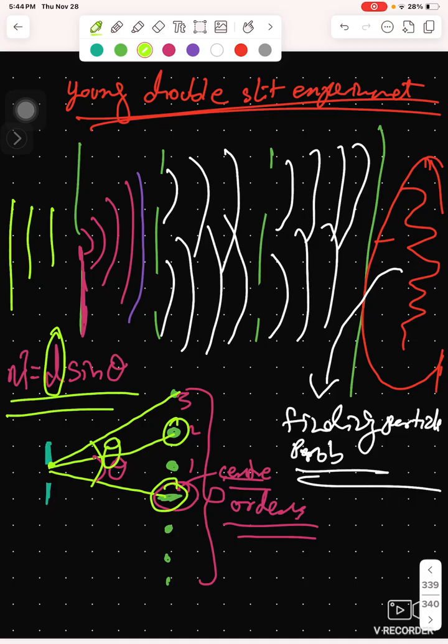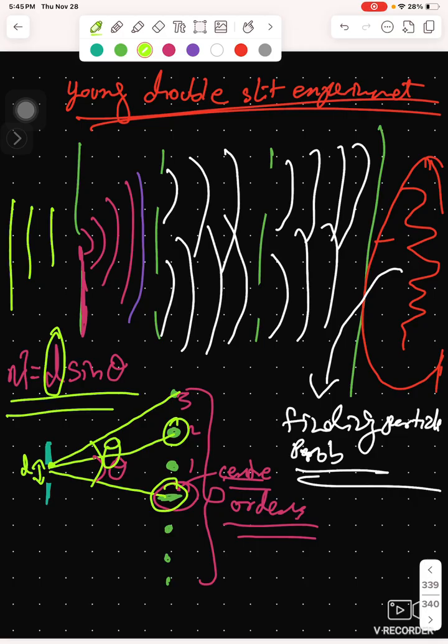And d over here is the spacing between the slits, how much gap is between the slits. And n, what was n?